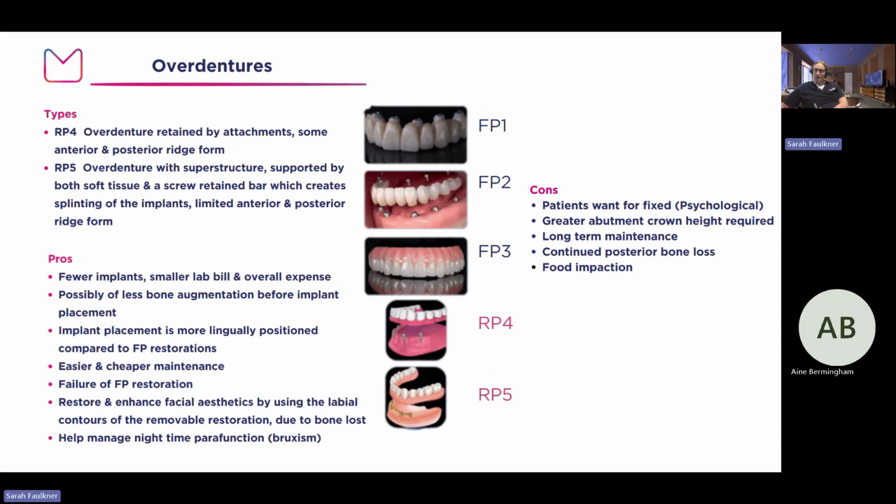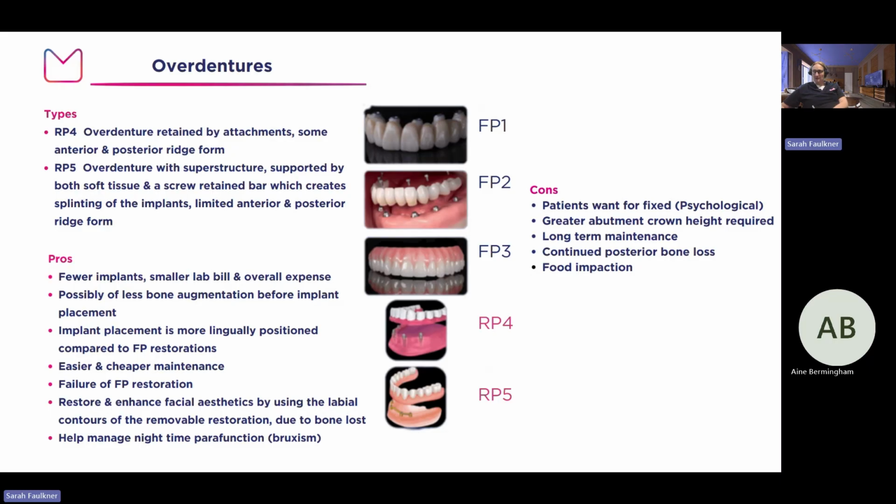There's the RP4, and those are the overdentures retained by attachments with some anterior and posterior ridge form. And the RP5 are the overdentures with superstructures. These are supported by both soft tissue and a screw retained bar, which creates a splinting effect on those implants for you, and are used in cases where there's very limited anterior posterior ridge form as well.